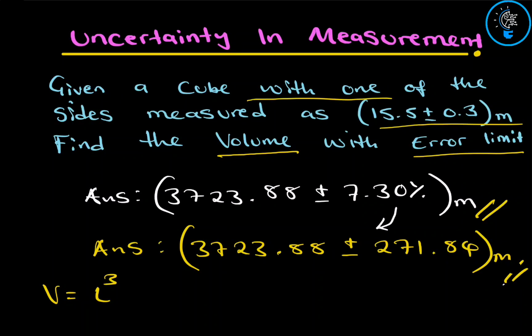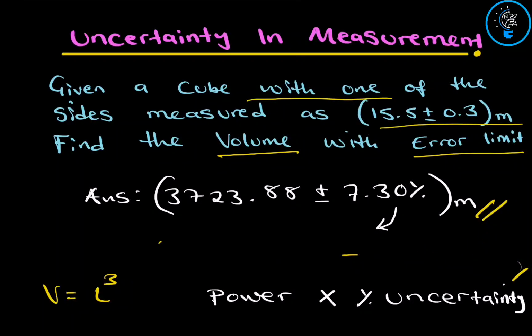If you are dealing with something that has a power, you can take note of this: when determining the uncertainty, you just need to multiply the power times the percentage uncertainty. So power times percentage uncertainty.